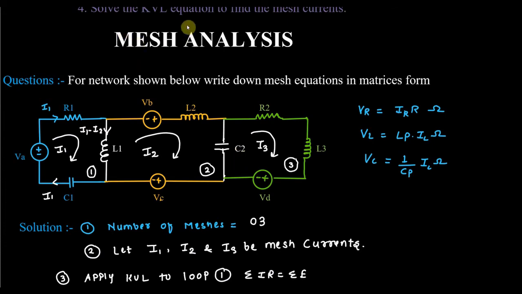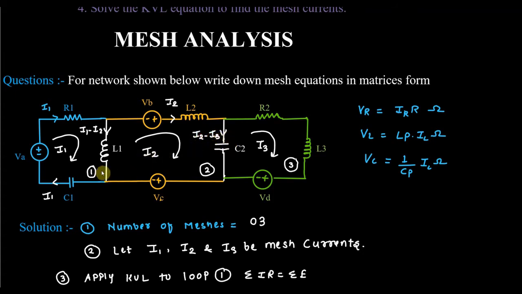First mark the current. The current in L2 is I2, because it is not common to any other mesh. C2 is common to the second and third mesh; here the current is I2, here it is I3, so the current is I2 minus I3.